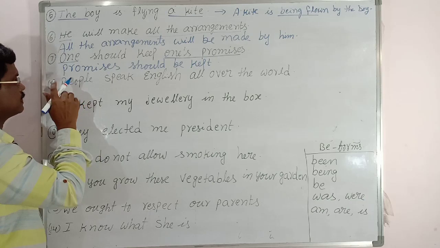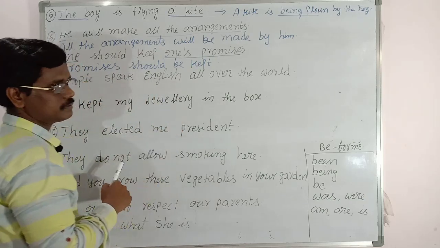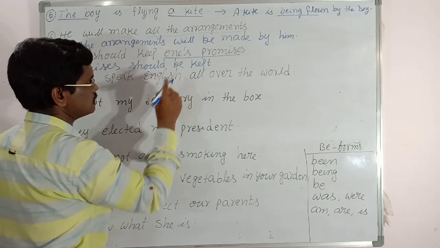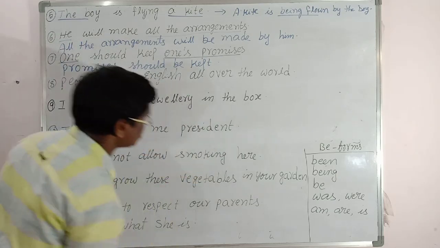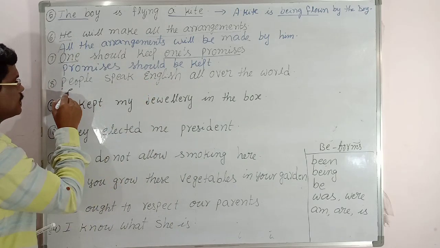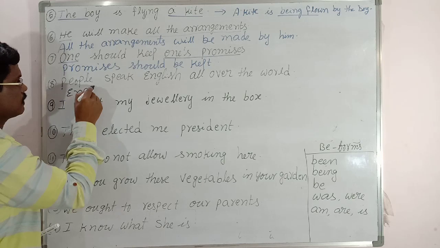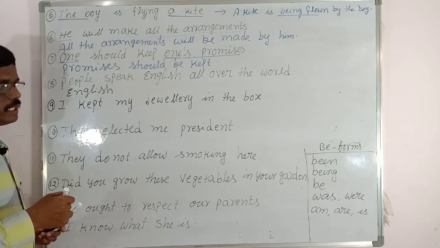In the same way here, look at: People speak English all over the world. Here English is the object. While changing it into passive voice, English. Here the given verb is verb 1.